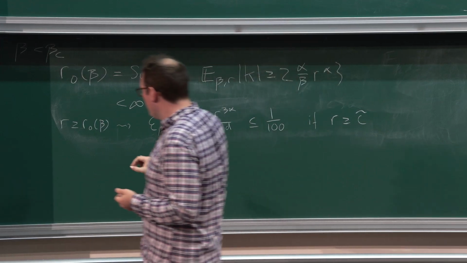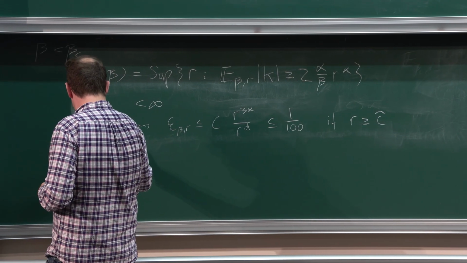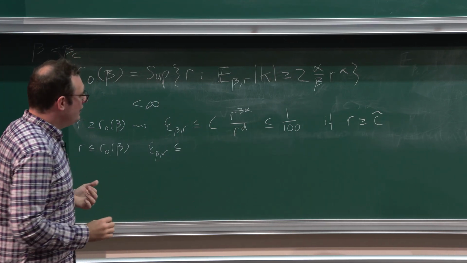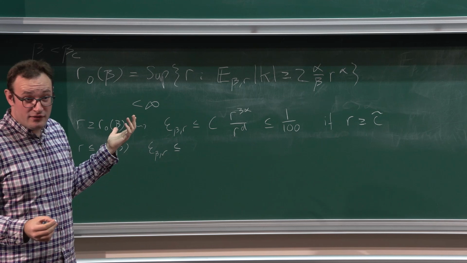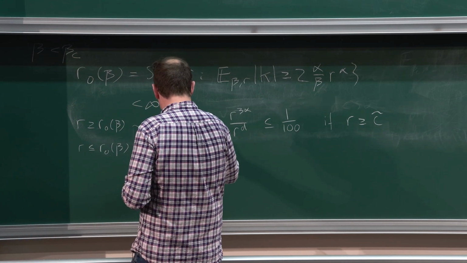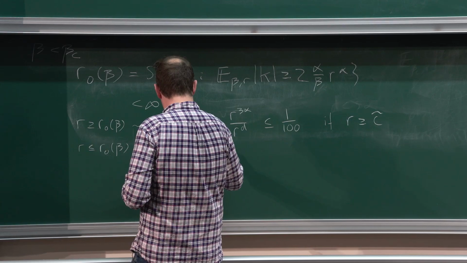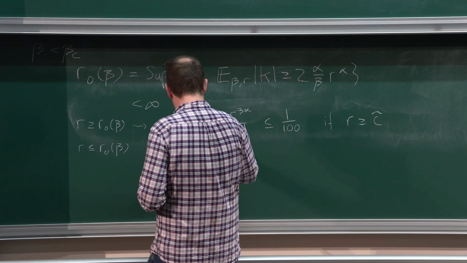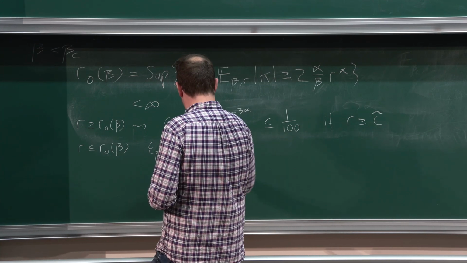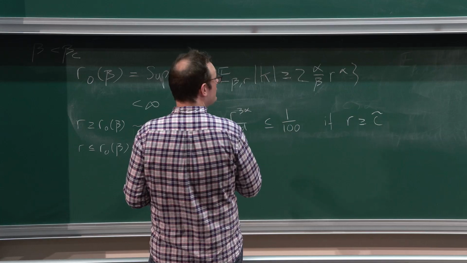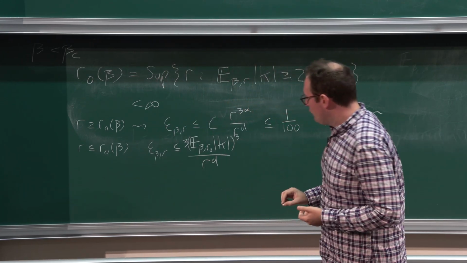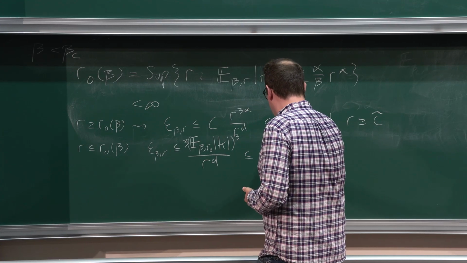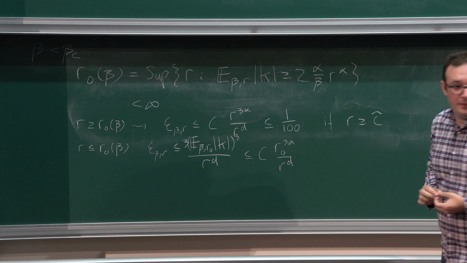But what if R is less than R0? Well, I can bound the error. This numerator is monotone in R, so I can just bound the numerator by the value at R0. So I get some constant times R0 to the 3 alpha over r to the d.